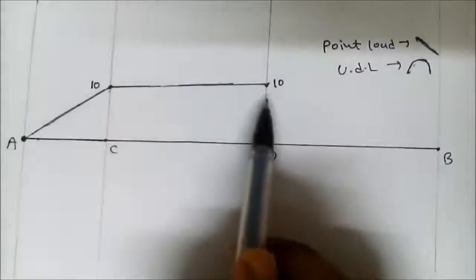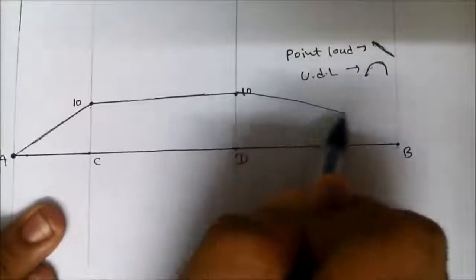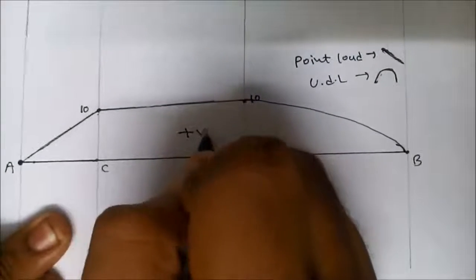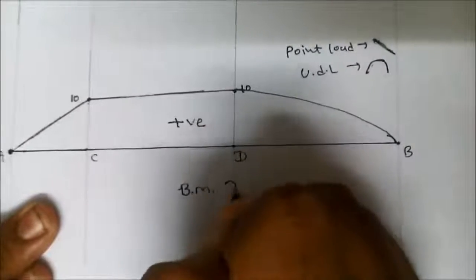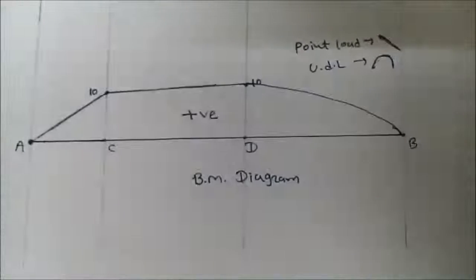Then between D to B there is UDL, so draw a curve. So this is our positive bending moment. So this is the bending moment diagram. Thank you.